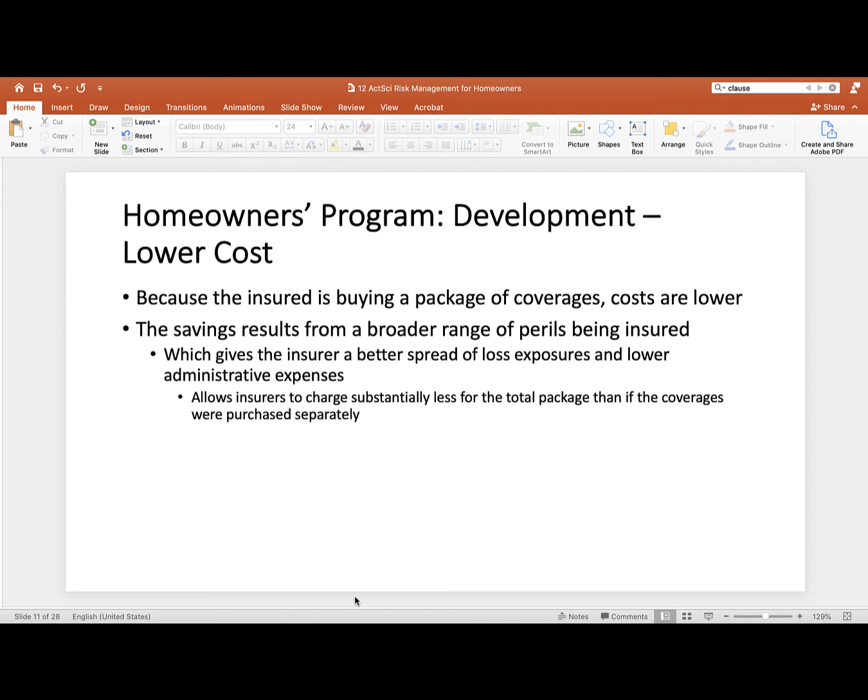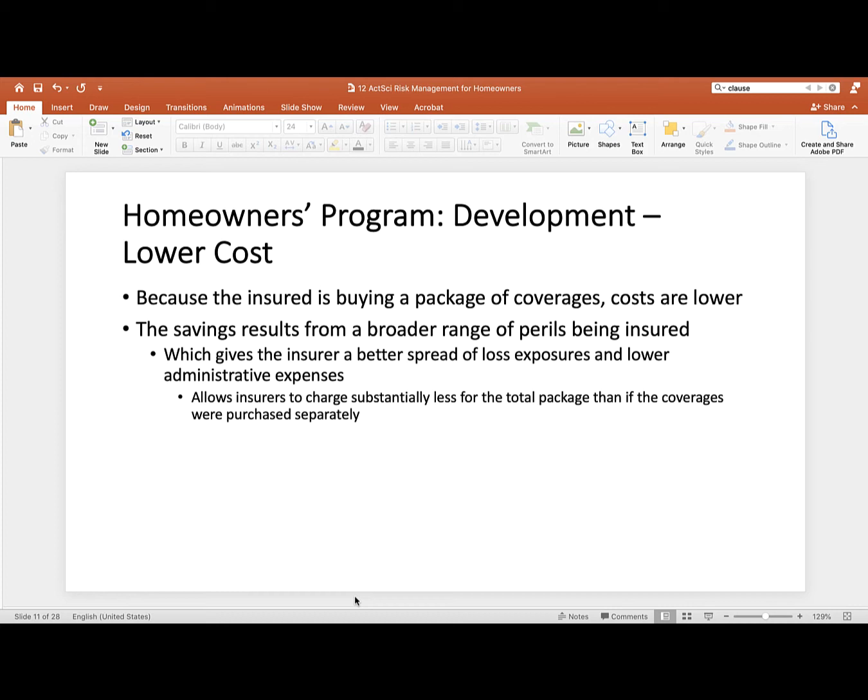The other thing is that the insurance company diversifies risk. If it diversifies its risk, its costs are going to be lower, which it can pass on to you. So if I did not diversify my risk and I sold individual policies, and supposing most people that wanted insurance to cover just the actual dwelling, the actual house, got it from me, and for the other policies they went to somebody else, for the liability they went to somebody else. So I ended up with all the homes, just the homes, no liability, nothing else.